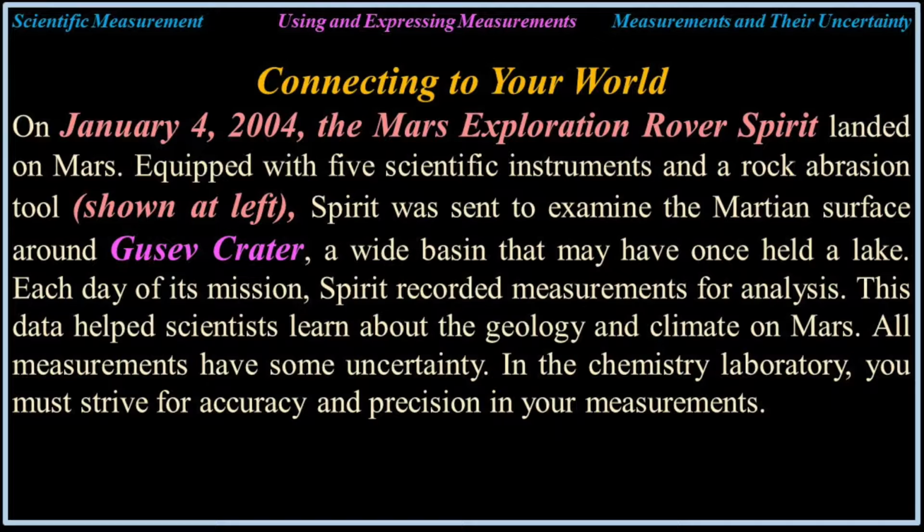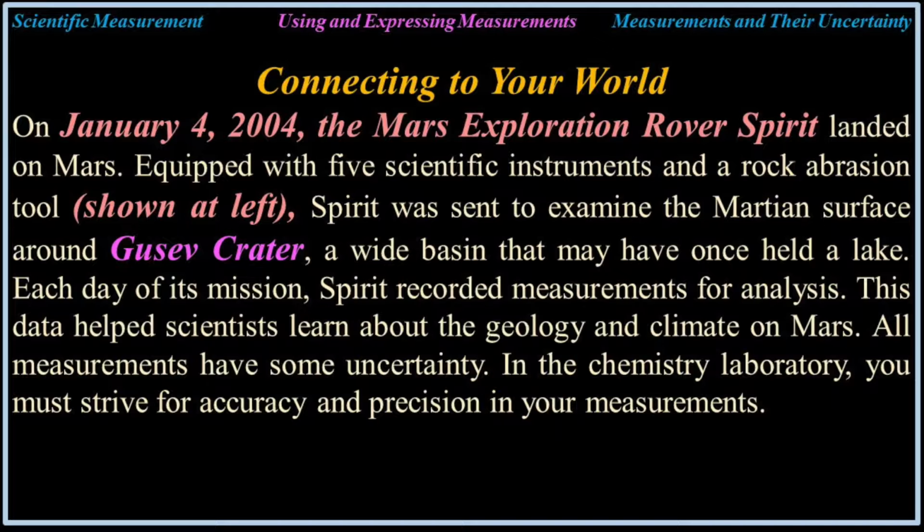Spirit was sent to examine the Martian surface around the Gusev crater, a wide basin that may have once held a lake. Each day of its mission, Spirit recorded measurements for analysis. This data helped scientists learn about the geology and climate on Mars.